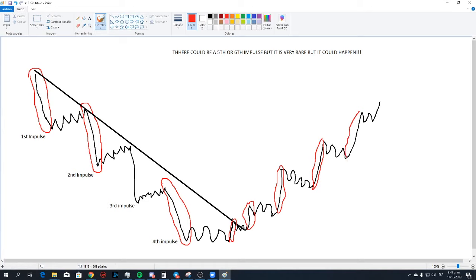Or a fifth impulse, that could happen. If you find a fifth impulse or sixth impulse, take it. That thing is gonna reverse. That thing is gonna make a big trend change.